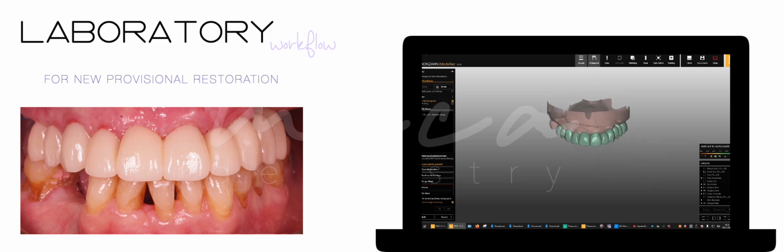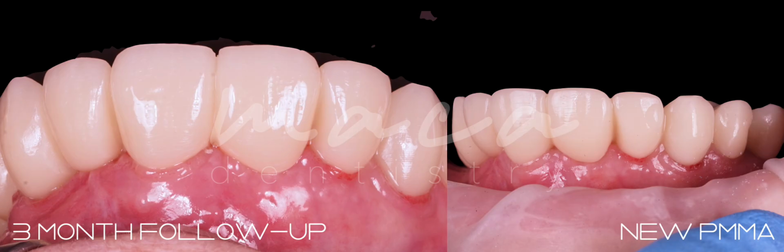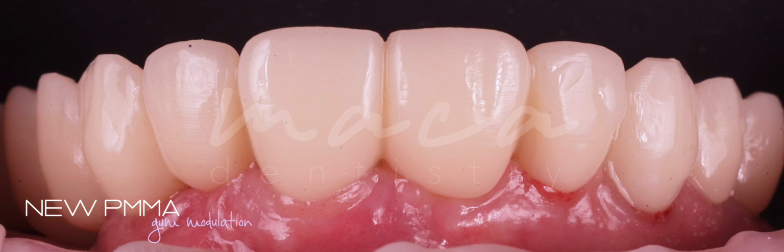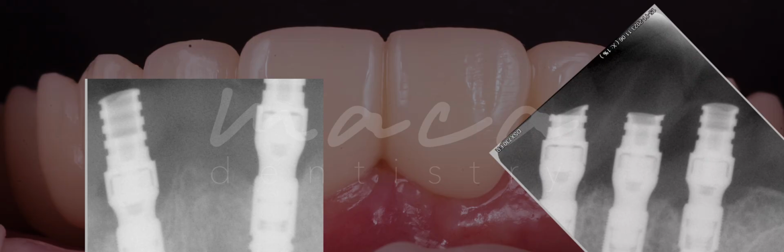That way we could already start working on our gum modulation and prepare everything for the final impressions. Here you can see a 3-month follow-up already with the second provisional restoration in place, and another picture of the second provisional restoration.